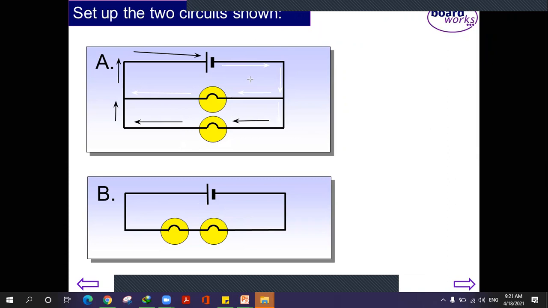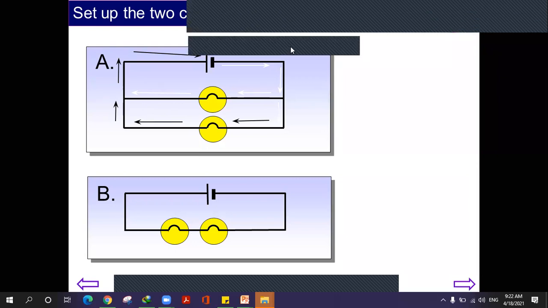Every bulb has its own circuit. If one part breaks down, the other parts will still be working. Not like B, which represents the series circuit, where if one part breaks down, the whole circuit will break down too. Okay?